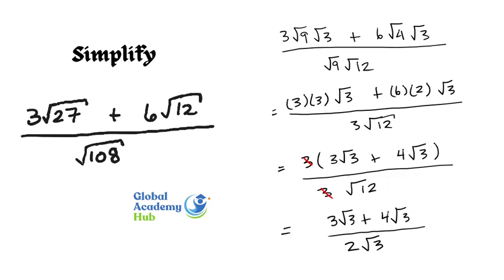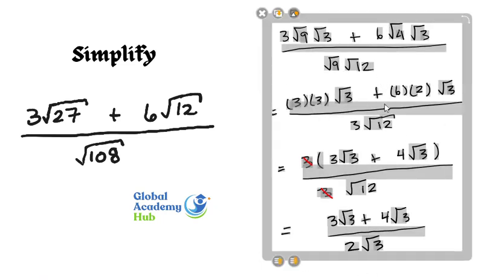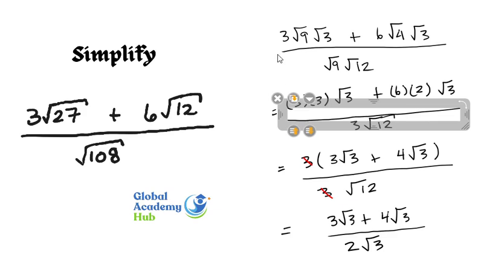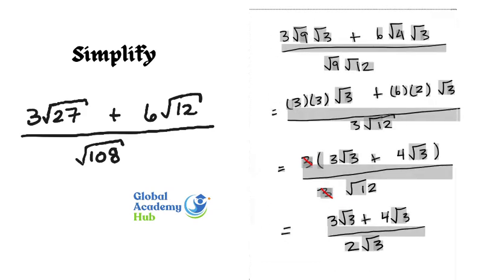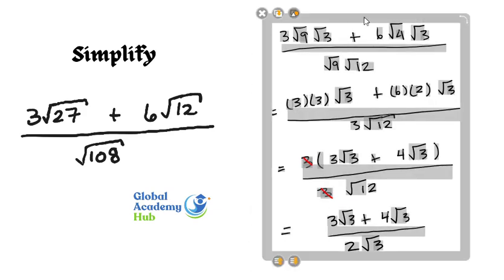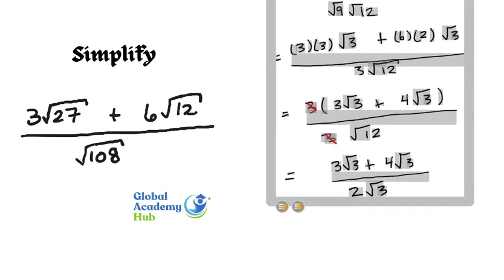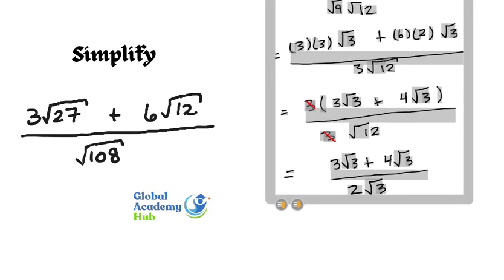We're going to do another factoring now because I notice that everything here has square root of 3 in it. So I can factor out a square root of 3. Let me make some space here and pick it up from here.